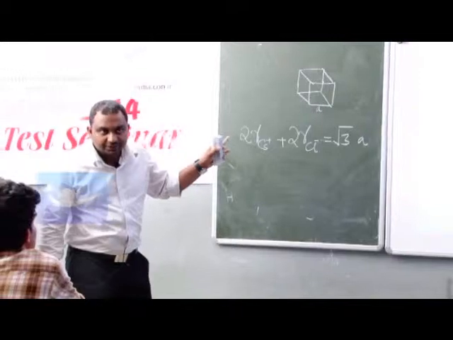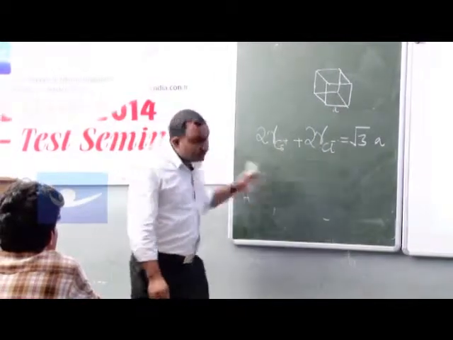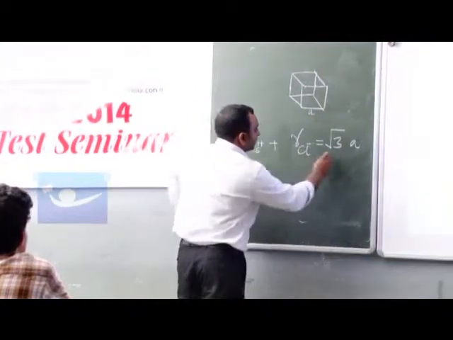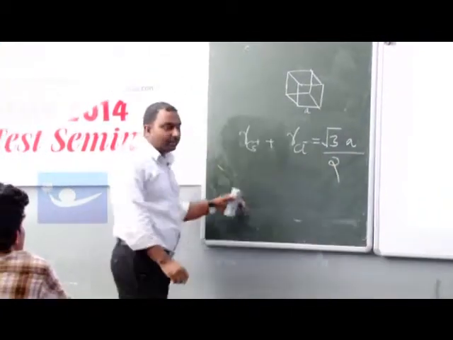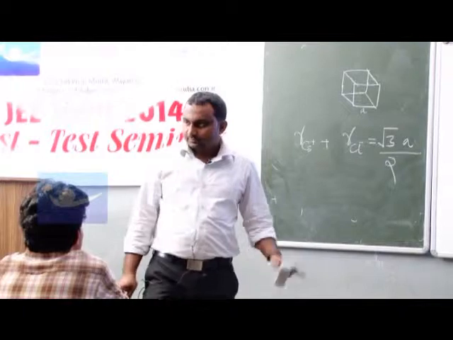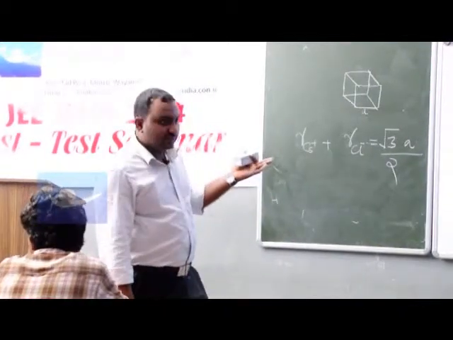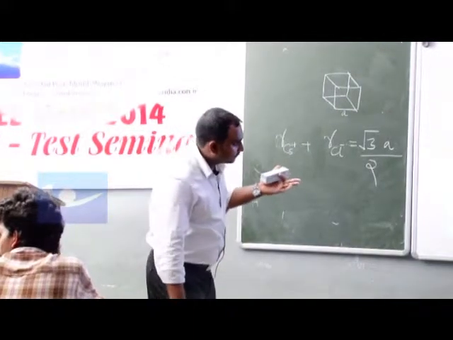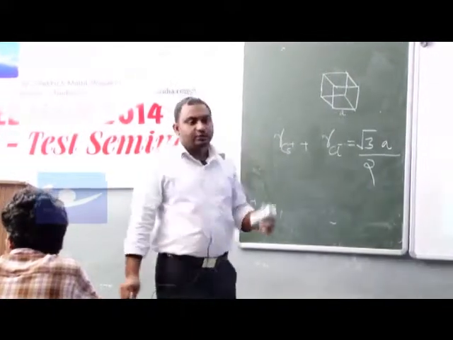This is a standard equation, and if you divide the whole equation by 2, you will get what? Root 3 a by 2. Easy one. So the answer is which one? B is the correct option.